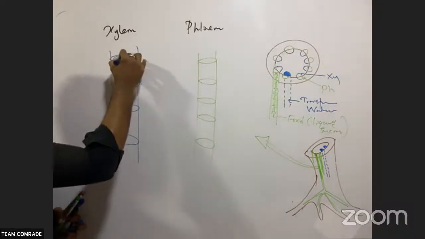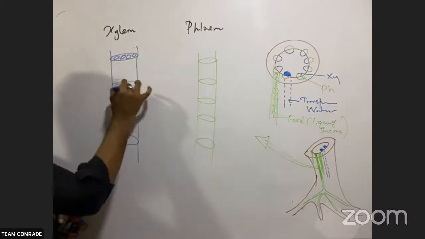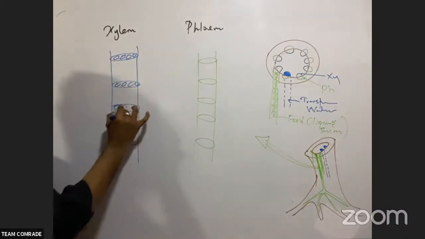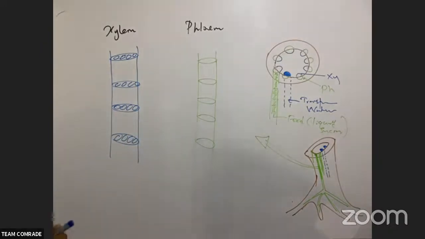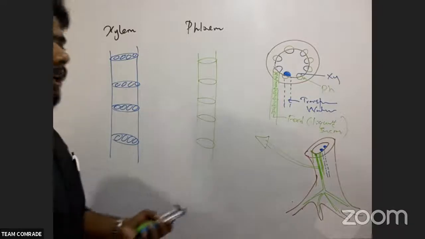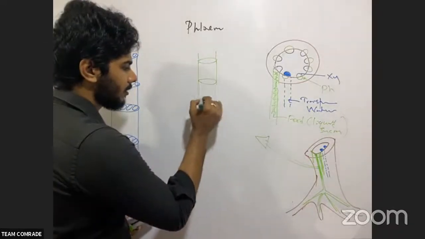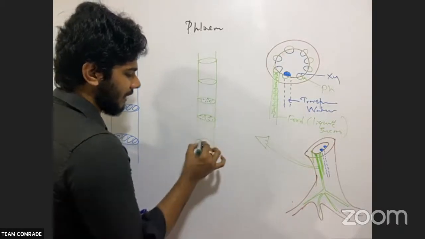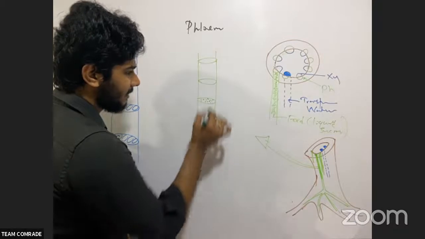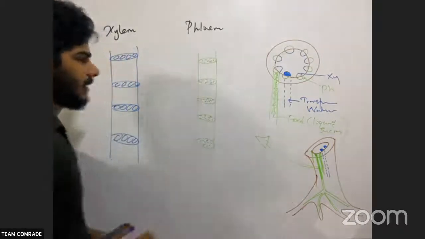So here we can see some openings like this, in between this. Some openings like this are there. So at once if we use a tube, water can't go up. Here also there are holes. These are plate-like structures. Okay, now carefully try to understand.